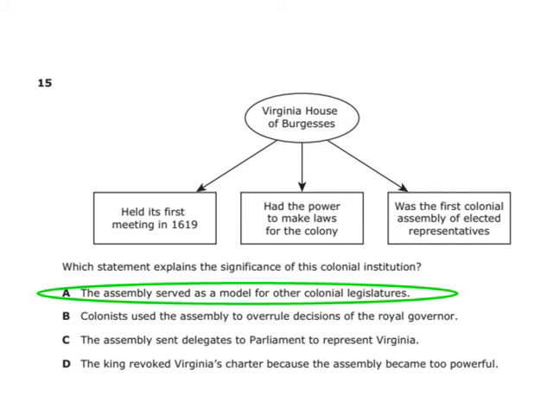Look at that date. That's way before the first Continental Congress, right? This is a long time ago. Jamestown was the very first colony. So think about it. This was the first example. This assembly served as a model for other colonial legislatures, other colonial self-governments.